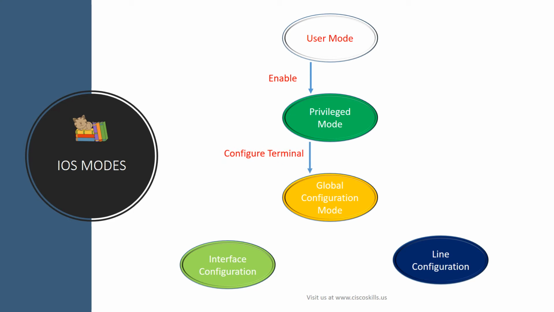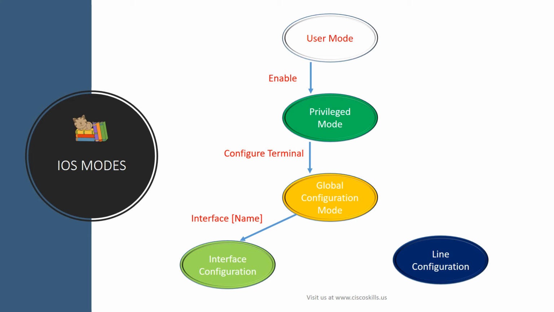Now from the global configuration mode, if we want to perform the configuration for a specific interface, then we need to issue the command interface and specify the name of the interface. It will bring us to the interface configuration mode, and we can perform the configuration for that specific interface.